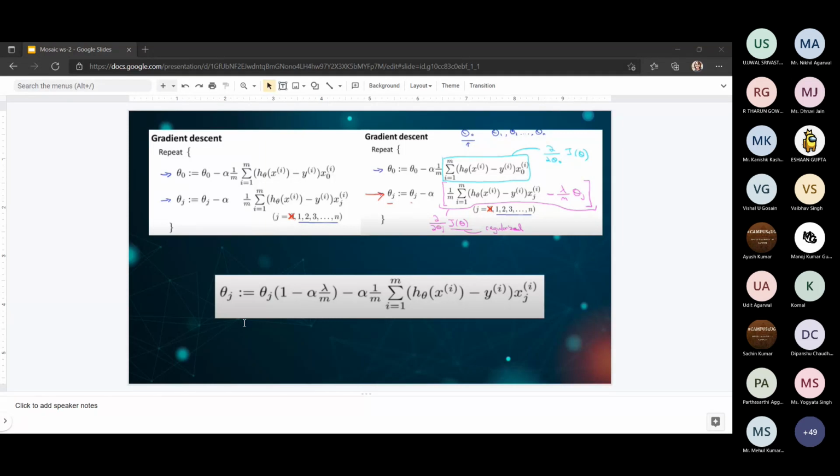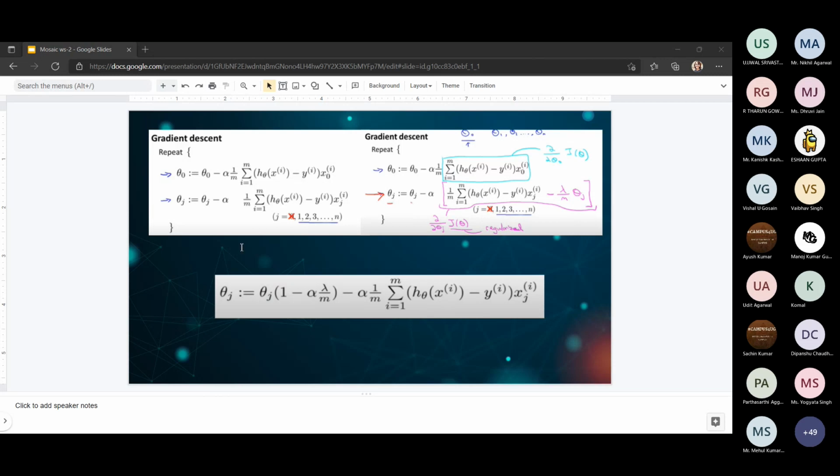Using the new definition of j theta with the regularization term, if we take the partial derivative of this updated regularized linear regression cost function, then we will get this result.